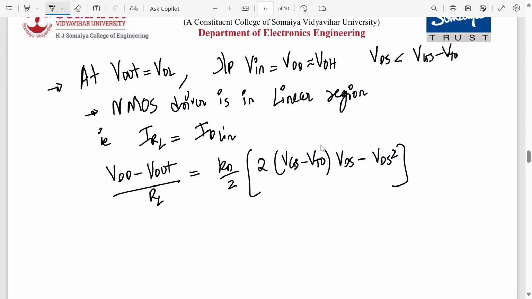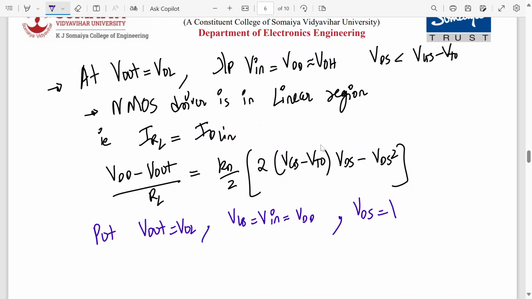Okay, now you substitute the following values. Put Vout equal to VOL, a very low value. VGS is equal to Vin, almost equal to VDD, and VDS is equal to output, almost equal to VOL.